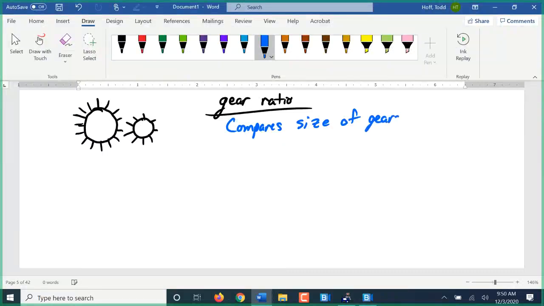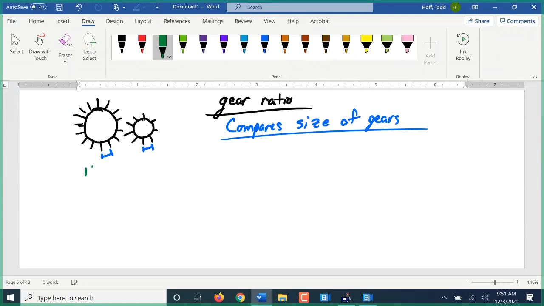However, in gears, for 2 gears to mesh together, the teeth have to be exactly the same distance apart. The distance from here to here on one gear has to be exactly the same as the distance on the other gear. So to compare the sizes of the gears, all we have to do is count teeth.